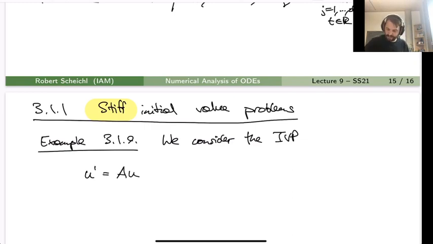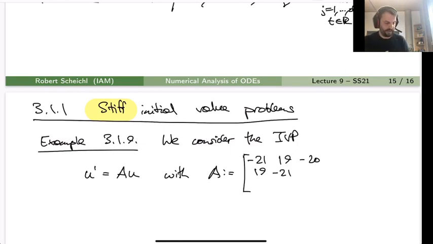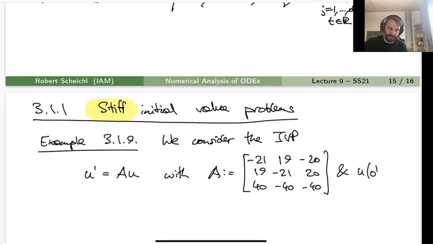So again, we take an autonomous linear ODE, so u prime is A u, with a very particular constant matrix A: minus 21, 19, minus 20, 19, minus 21, 20, 40, minus 40, minus 40, and use as initial condition u of 0 is (1, 0, minus 1), and we call this equation 3.8.